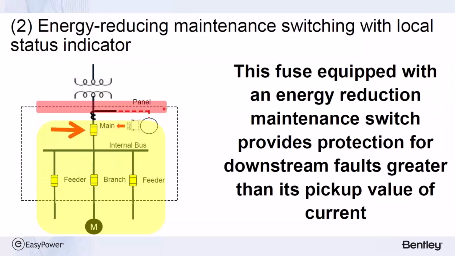Likewise, maintenance mode can be used on a local basis. It doesn't tell us what the maintenance mode needs to be, but just has the ability to adjust the trip settings when anybody's in the area.